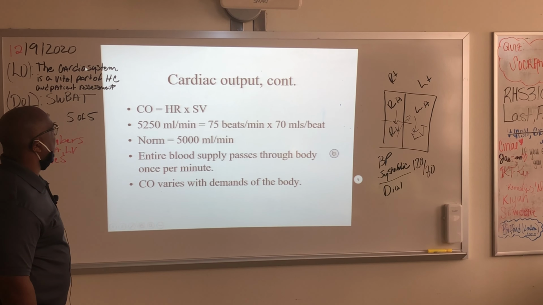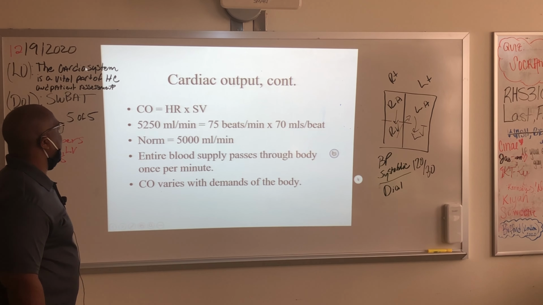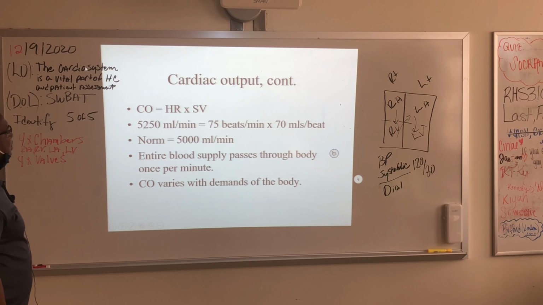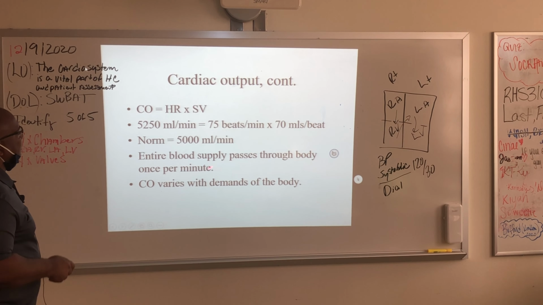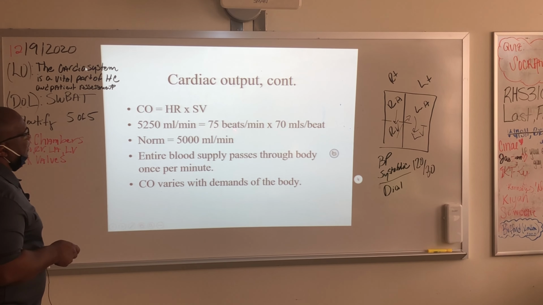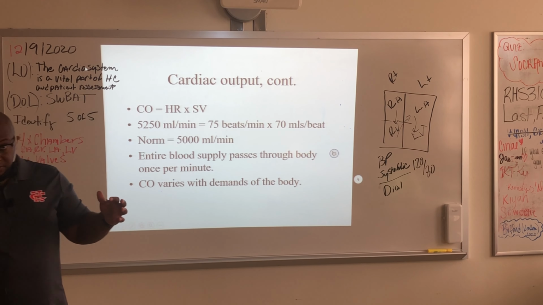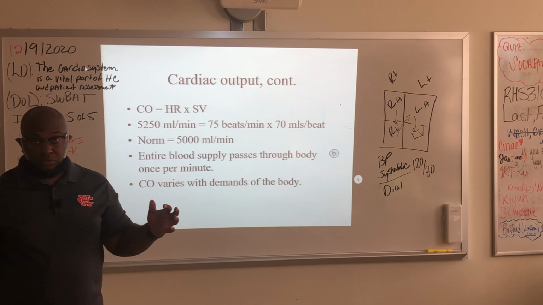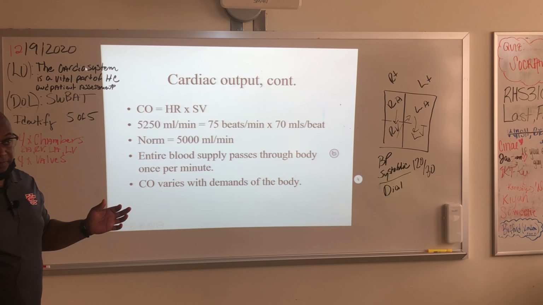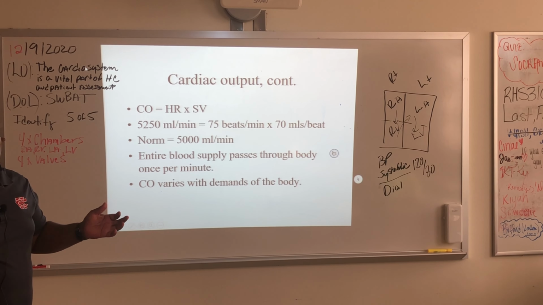Now we'll move to this one here. Cardiac output, CO, equals heart rate times stroke volume. For example, 75 beats per minute, because our normal range is what? What's our heart rate range? 60 to 100, right?